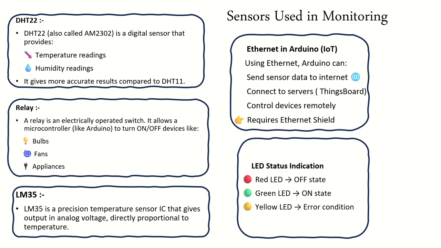Next is relay. Relay is an electrically operated switch. It allows a microcontroller to turn on and off devices like bulb, fan, appliance. In our smart factory monitoring project, we use relay to turn the switch on and off from the dashboard.